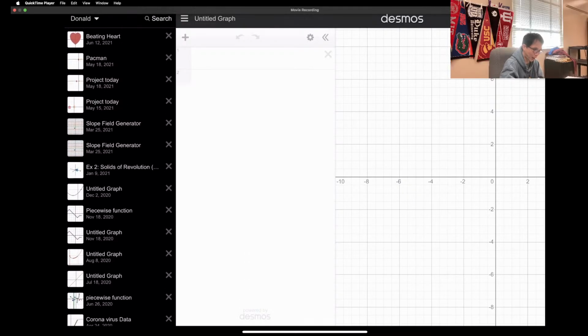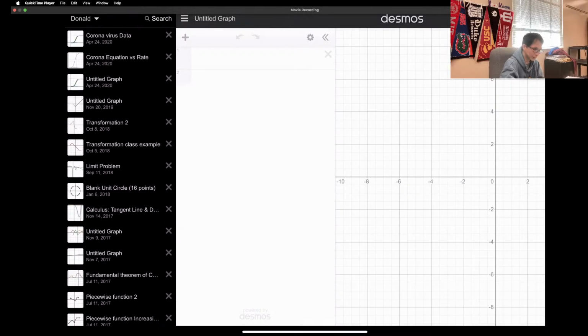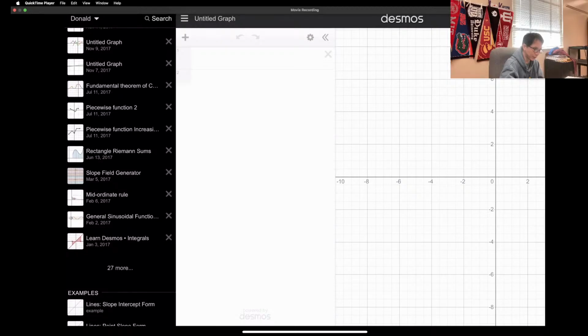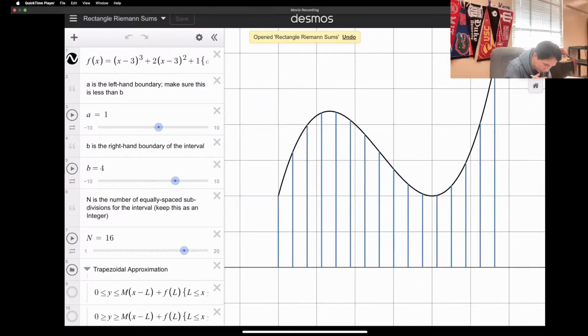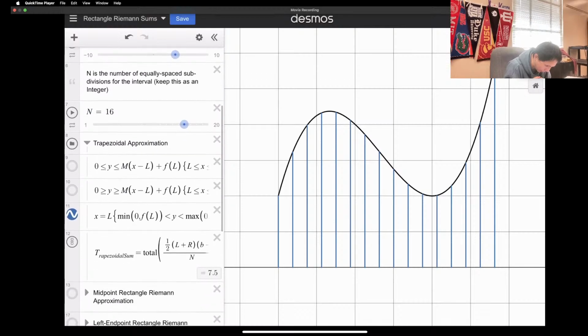So here's a big picture of what it looks like. If I go to the bottom, this is very, very nice, because this is the Riemann sum right here. And we have this function, it's very curvy. We want to approximate from 1 to 4. And we want to show you what it looks like.